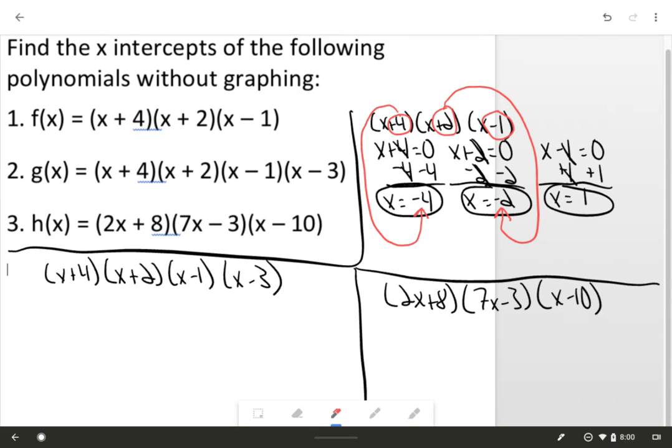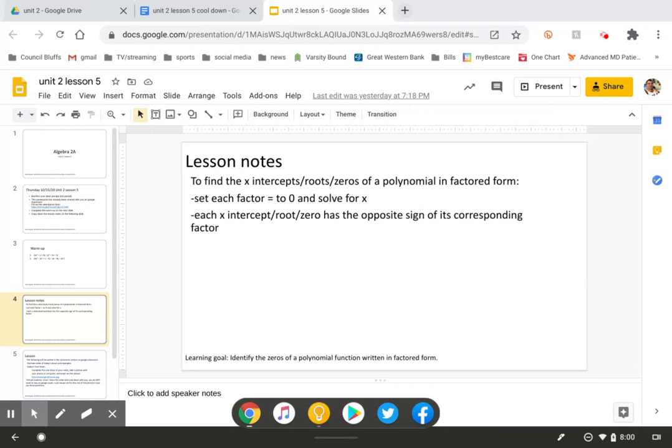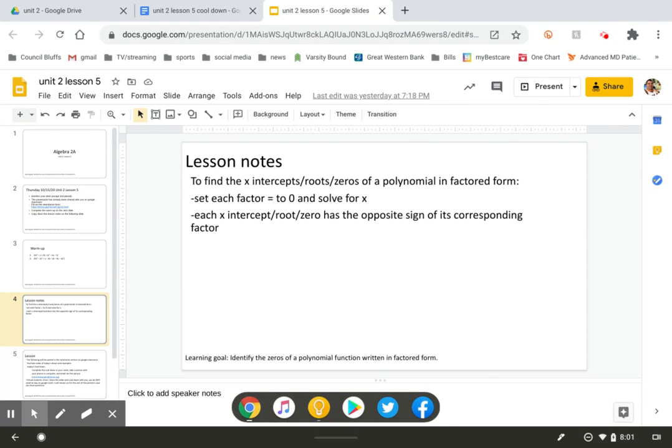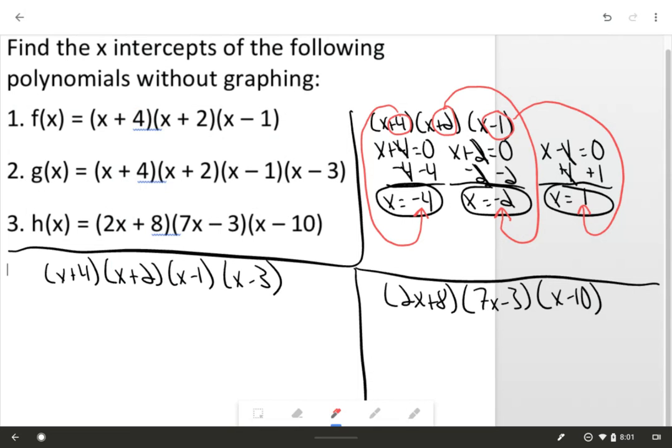Third factor, I had minus 1. My x-intercept was positive 1. Okay, that is what I meant in the lesson notes by each x-intercept, root, or 0 has the opposite sign of its corresponding factor. In fact, that is a shortcut that you can actually use when finding the zeros when you have factored form.